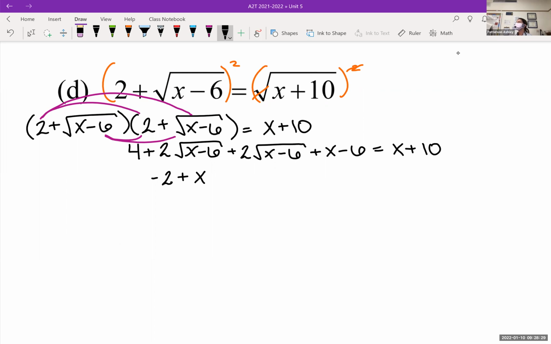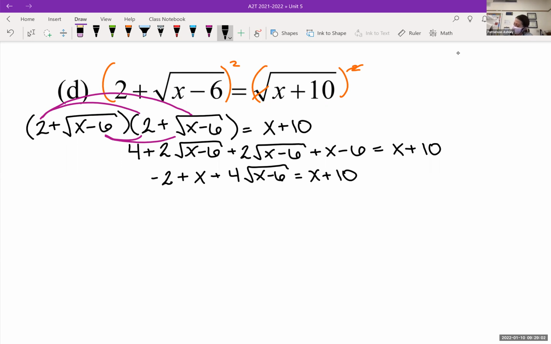I think, if I remember correctly, this was skill 2. No, regardless. When you're adding radicals, their index and their radicand has to be the same. Here they are, so we get a plus 4 square root of x minus 6, still equal to x plus 10. All right, well, now we only have 1 radical, and I think if we isolate it, we can square both sides again to ultimately try to solve for x.